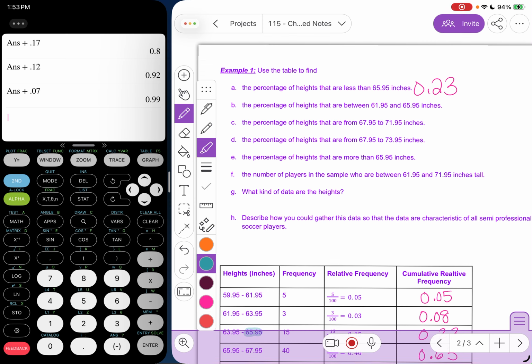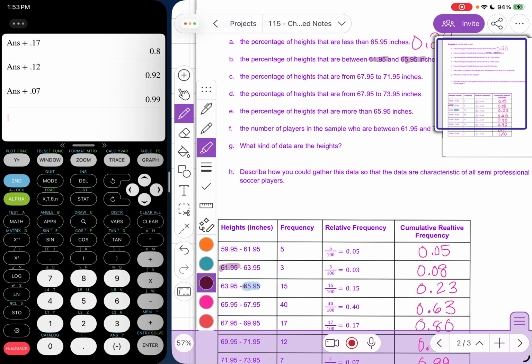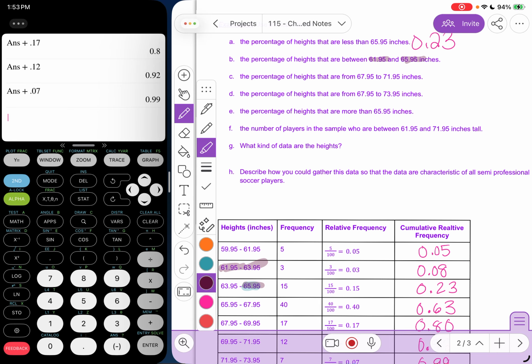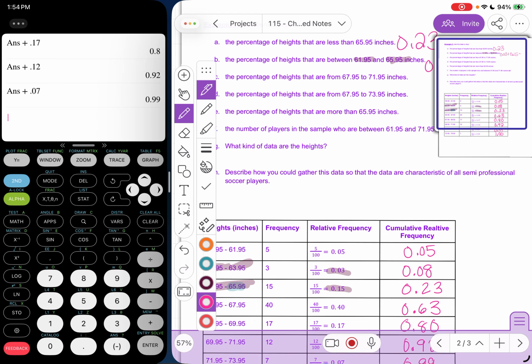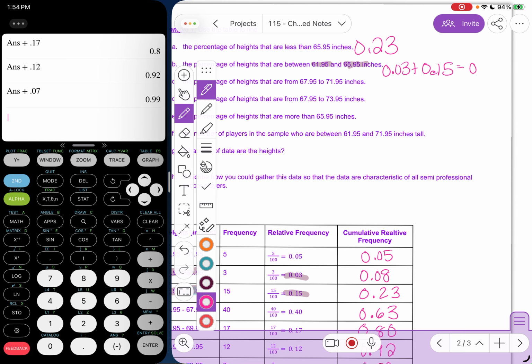Now let's look at question B. The percent of heights that are between 61.95 and 65.95. So that's these two rows. So we would add these two percents, 0.03 and 0.15, which would give us 0.18.